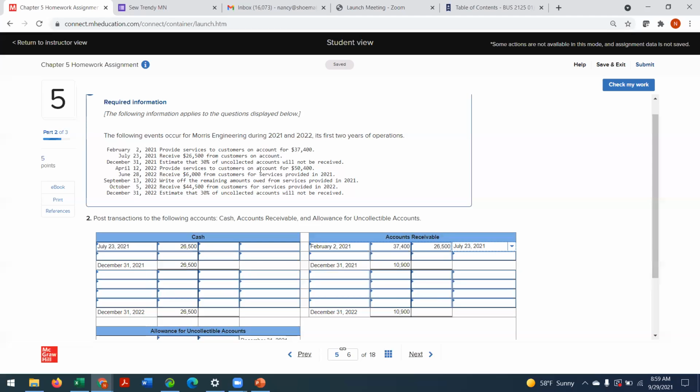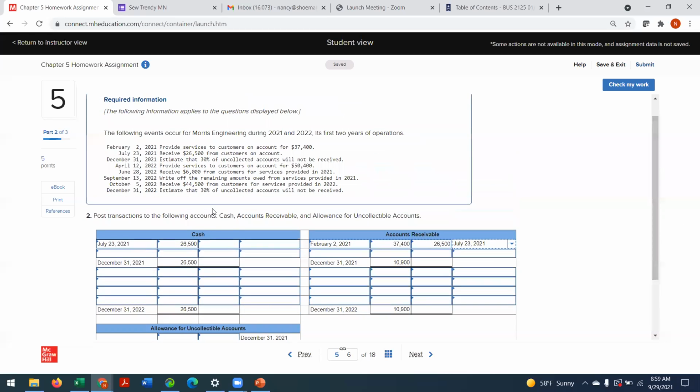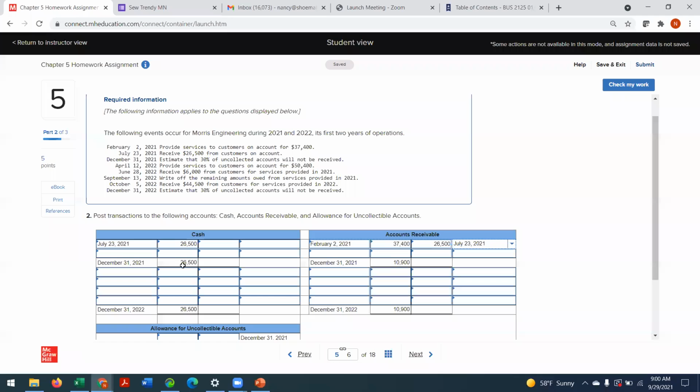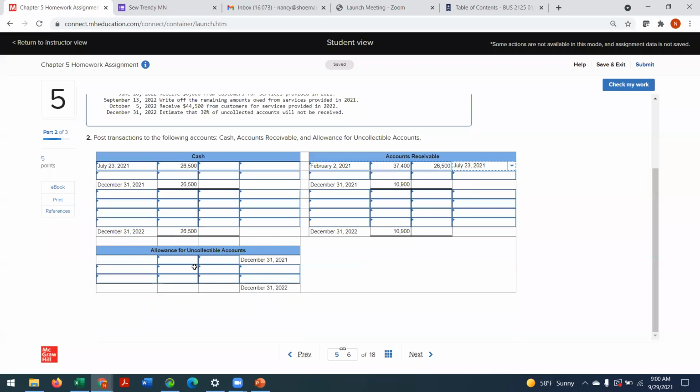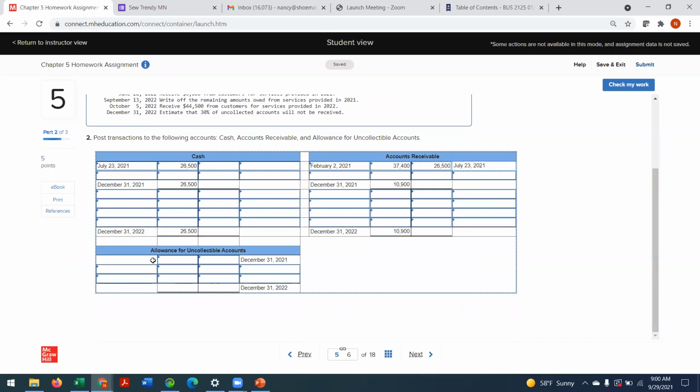So on that one, we showed 30% of the uncollectible accounts will not be received. So I have that written down somewhere. 3,270 will not be received. Okay, so we're going to show on this date, December 31st, 3,270 will not be received.